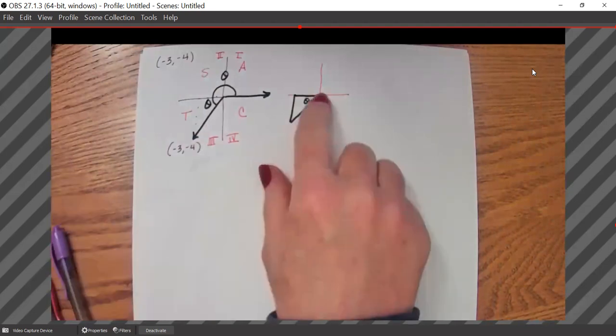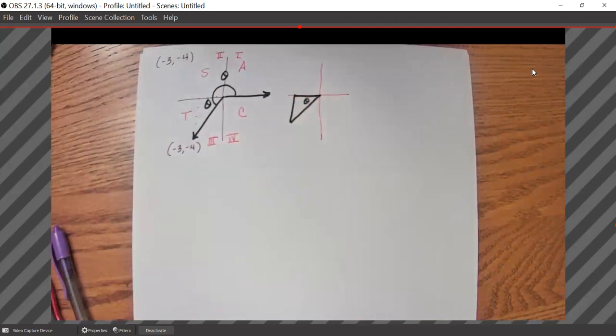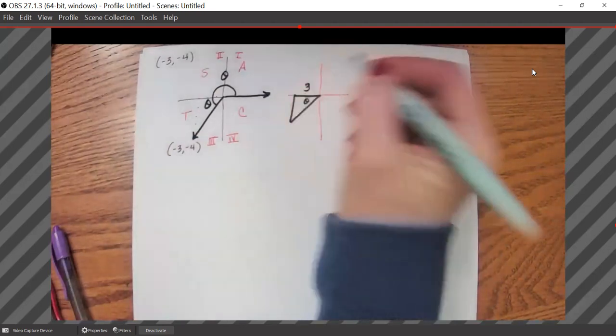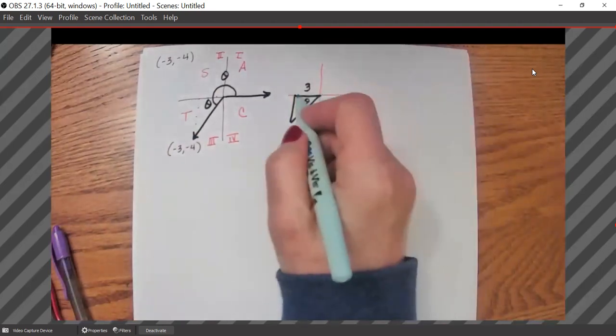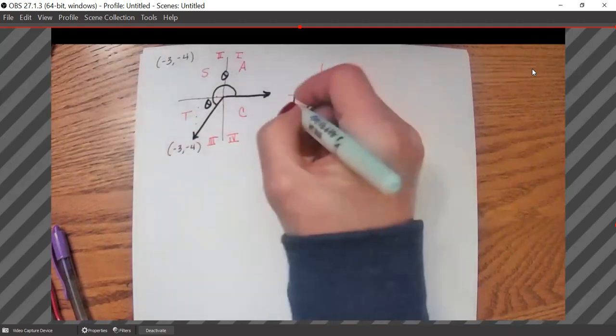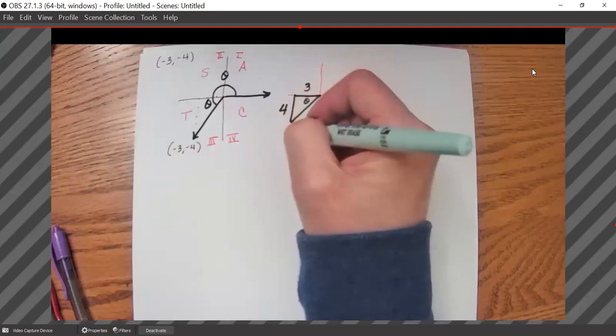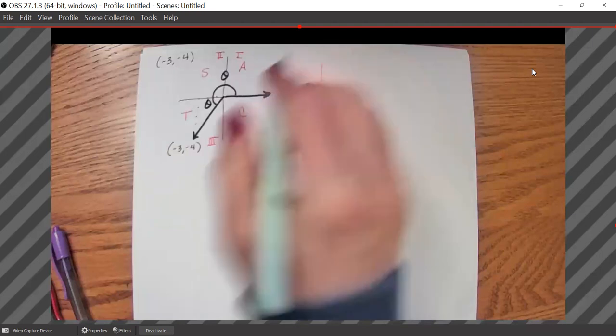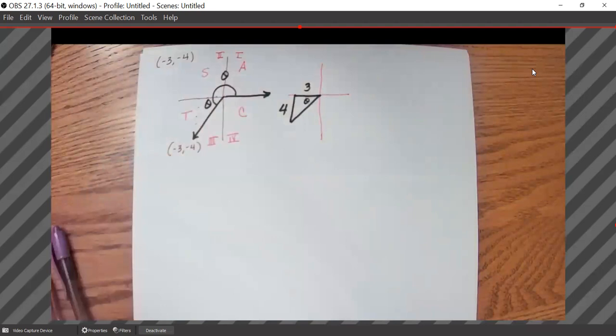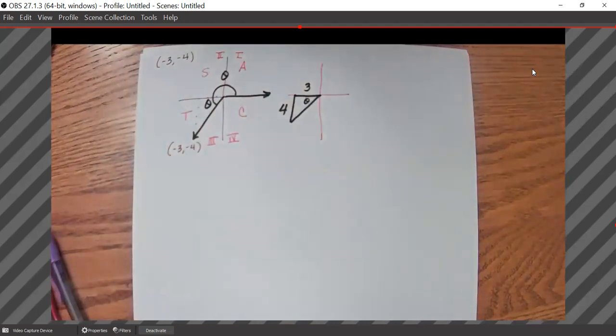So what is the length of x? It's 3. I know it's in the negative direction, but that length is 3. And what's this dimension or length? 4. I know it's down 4, but it's of length 4. We're going to rely on All Students Take Calculus to give us the sign, positive or negative.